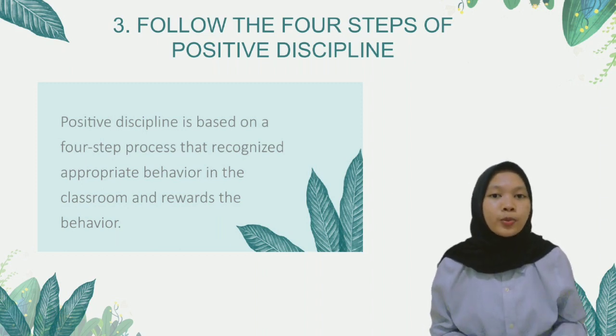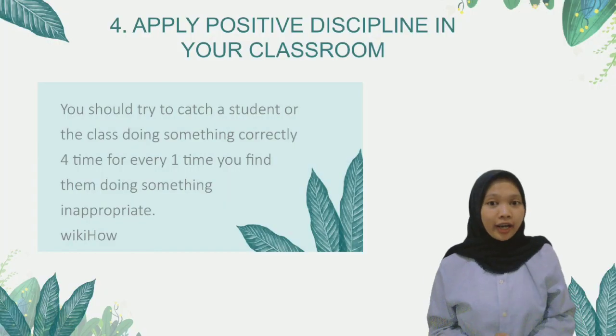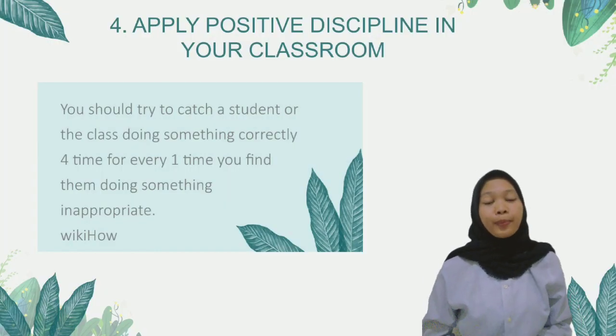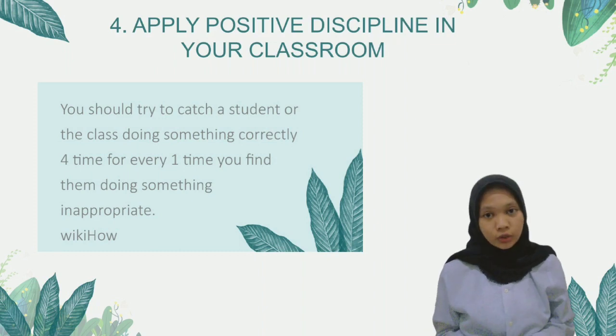Next is to always provide a reward for good behavior immediately and clearly. You want to make the students feel they are on the winning team and prize individual students for being a good team member.